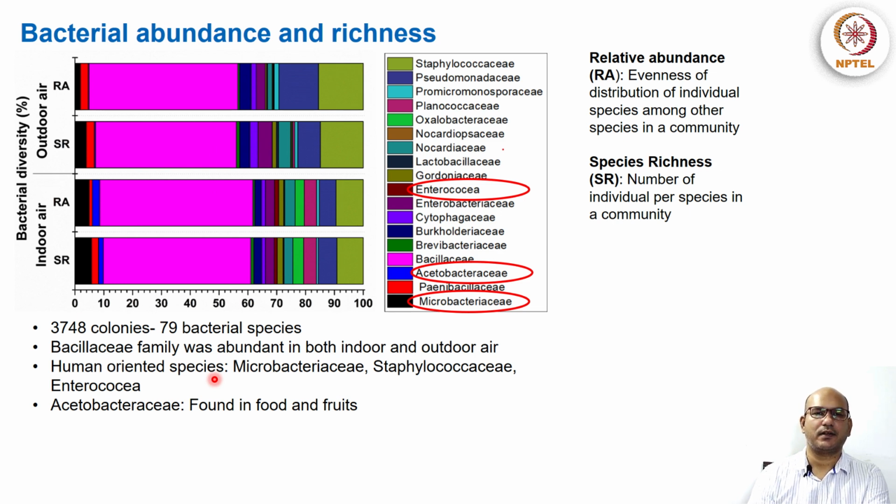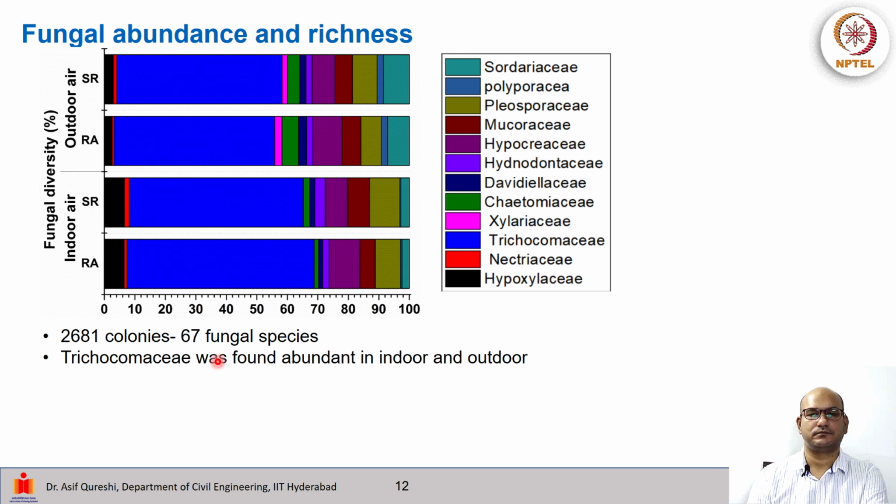Let's see about the fungi. In fungi also, 2,681 colonies were observed with 67 fungal species. Trichomonaceae was found very abundant in indoors as well as outdoors, the dark blue one.